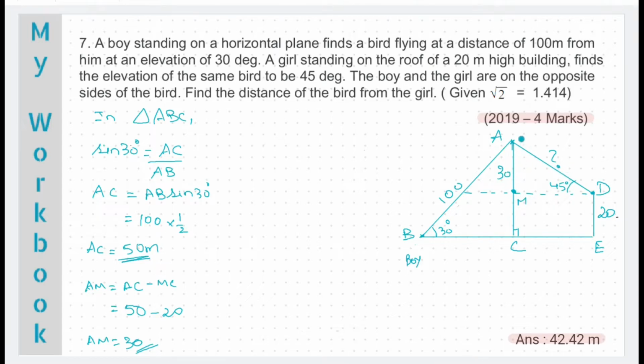So in this triangle AMD, we need a relation between the opposite side and the hypotenuse. So let's go for sine of 45 degrees. It will be AM by the hypotenuse AD. AD will be AM, which is 30, divided by sine 45.